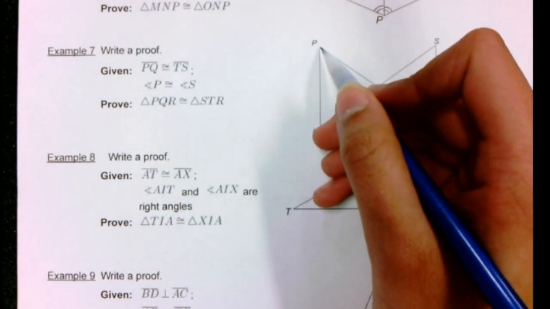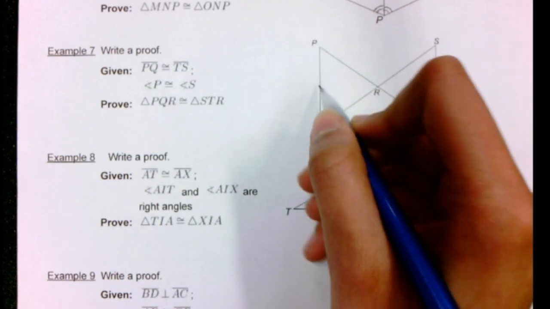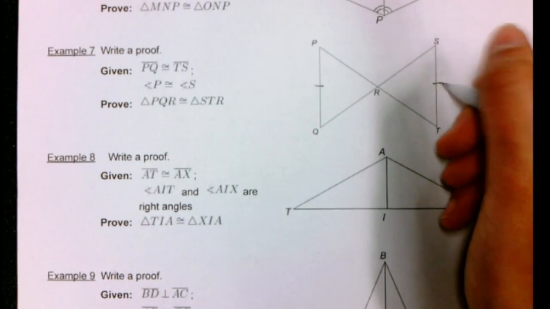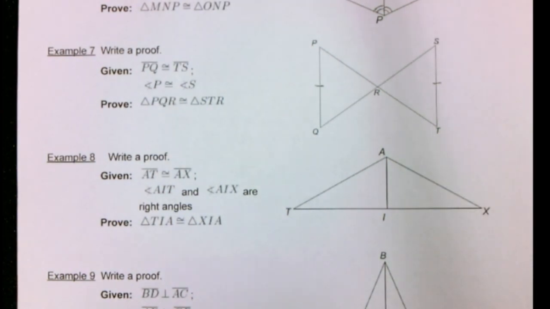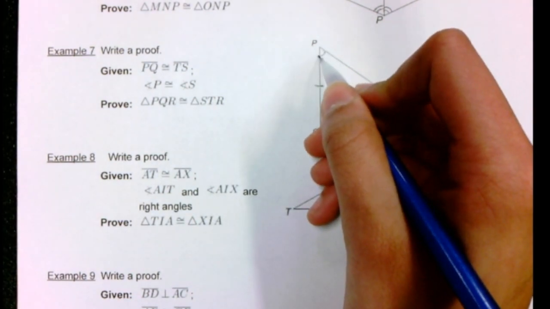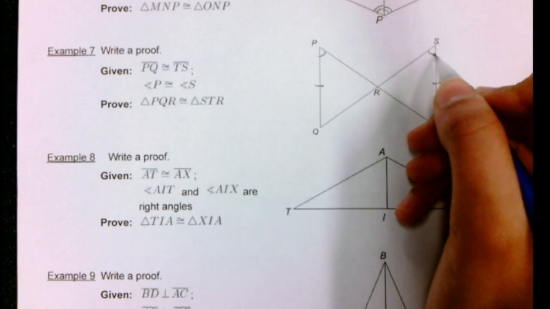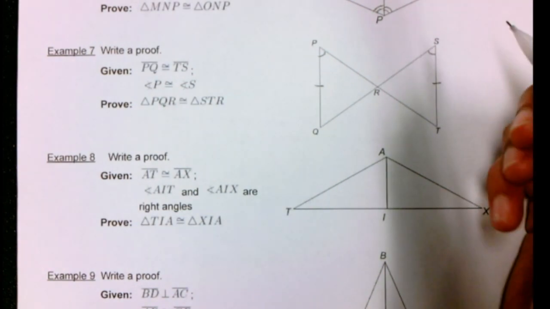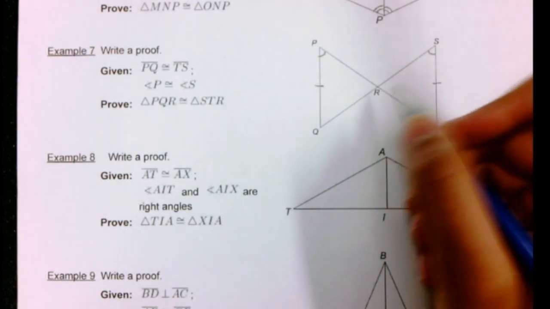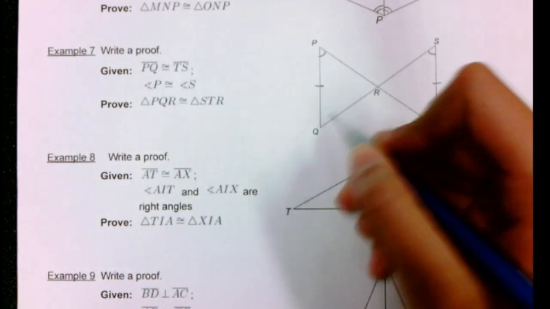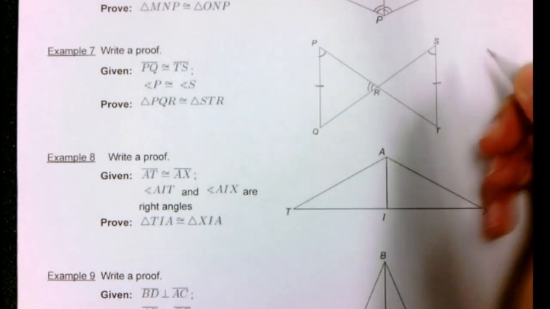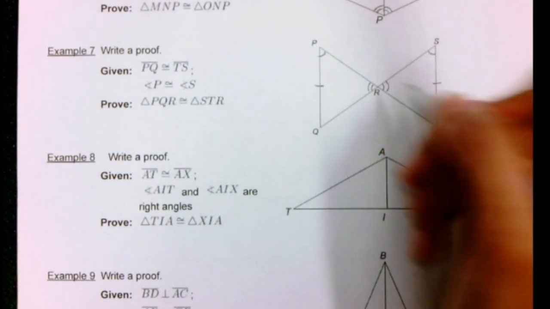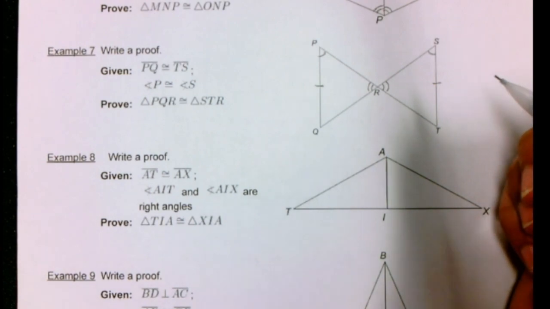It is given that side PQ is equal to side TS, and it's also given that angle P is equal to angle S. So we need to show that angle PRQ is equal to angle TRS using the vertical angles theorem.